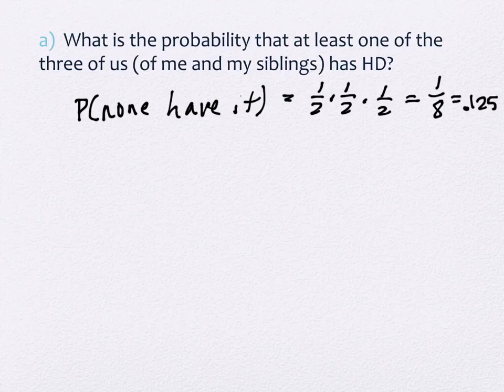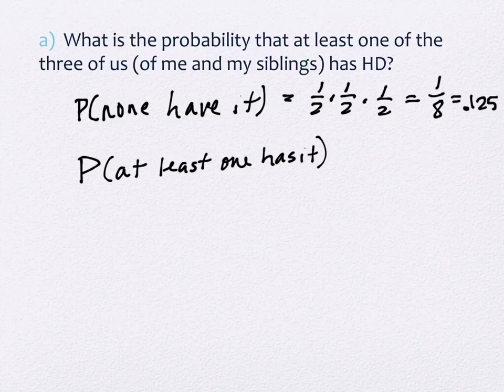Okay? So if it's a 0.125 or a 1/8 probability that none of us have it, then what would be the probability that at least one has it? Yeah. So it would be everything else.